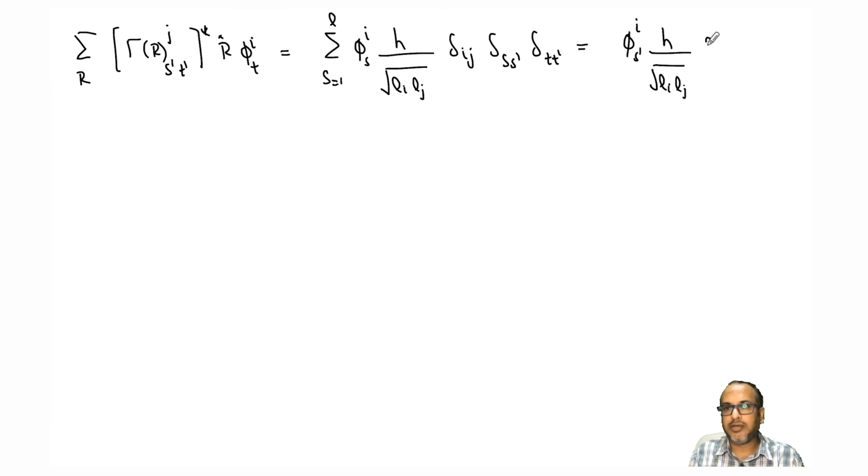Over l_i l_j, delta ij and delta tt prime. Now similarly, I can say that I equal to j, only those values will survive where i will be equal to j. All the rest of the values will go to 0. So now I can convert all of this into j.